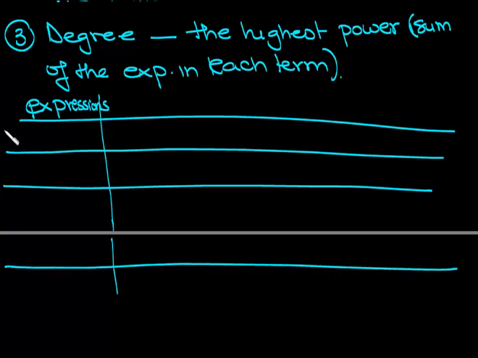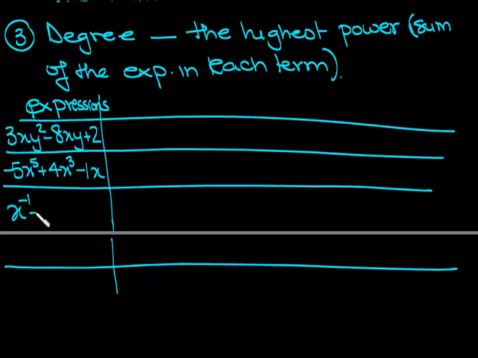Let's say we have 3xy squared minus 8xy plus 2, or we could have minus 5x to the 5th plus 4x cubed minus 1x, or we could have x to the negative 1 plus 3x plus 2, or we could have 12x squared plus 6x to the half minus 1.